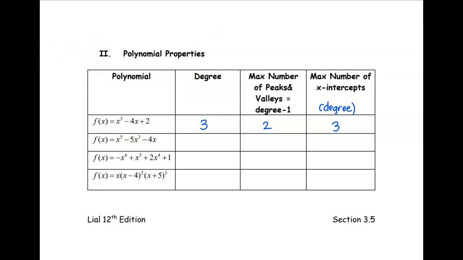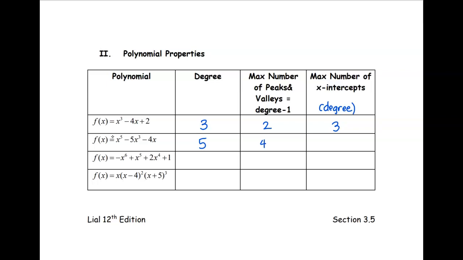Now let's take a look at this second example here, x to the 5th. For x to the 5th, the degree of that polynomial function is 5 because the exponent is 5. That's the highest exponent in the term here. The leading term is the one with the highest exponent. And therefore, the number of peaks and valleys is equal to 4.